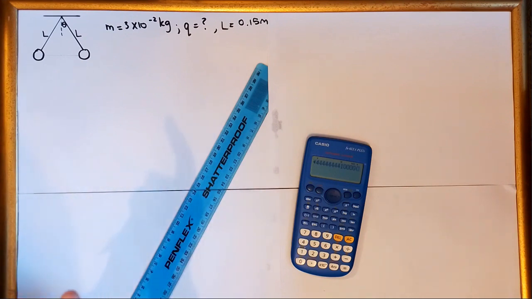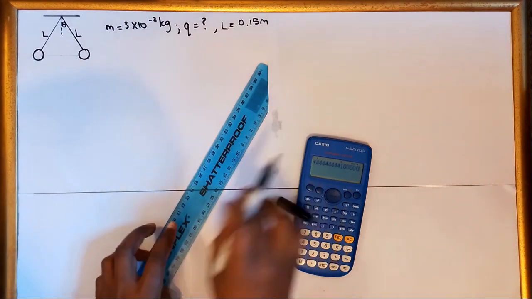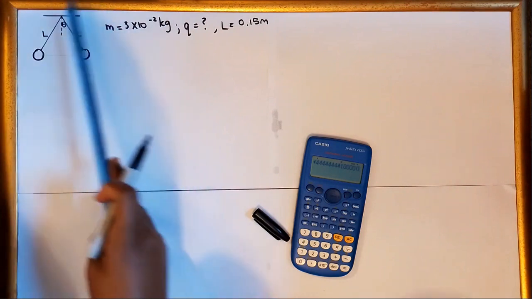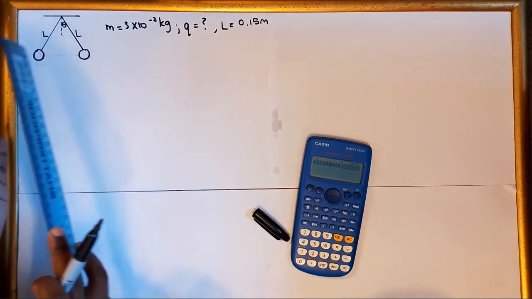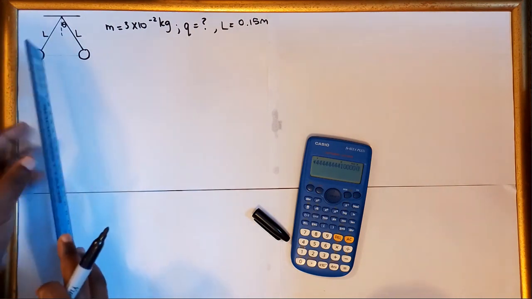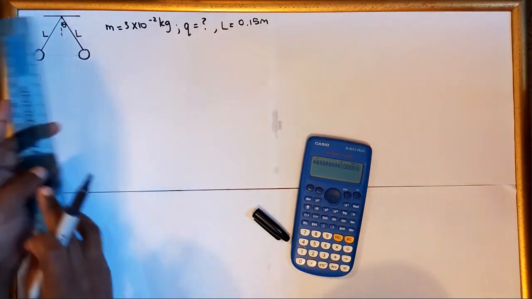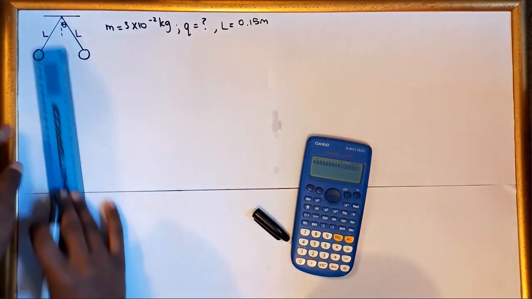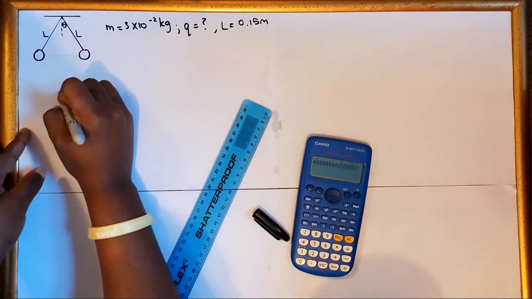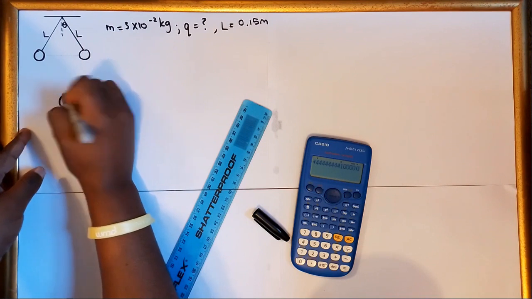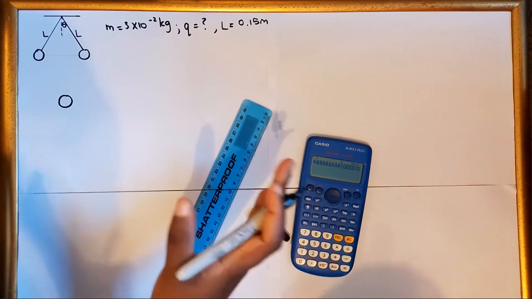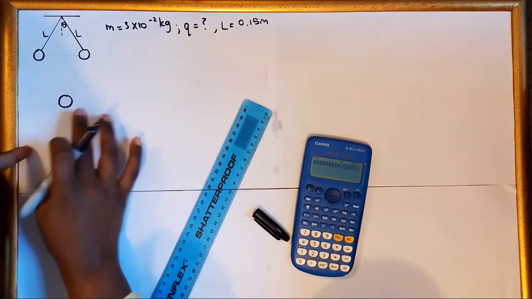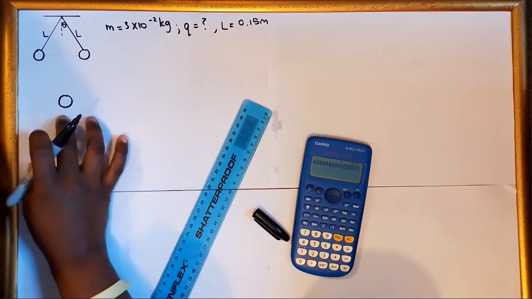Okay, so this will give us an idea of how to sketch the forces acting on each sphere. Let's use our left hand side sphere, for example, and sketch the forces acting on the sphere. So this is our left hand sphere. We don't know yet if they're both positive or both negative, so I'm just going to leave it blank.